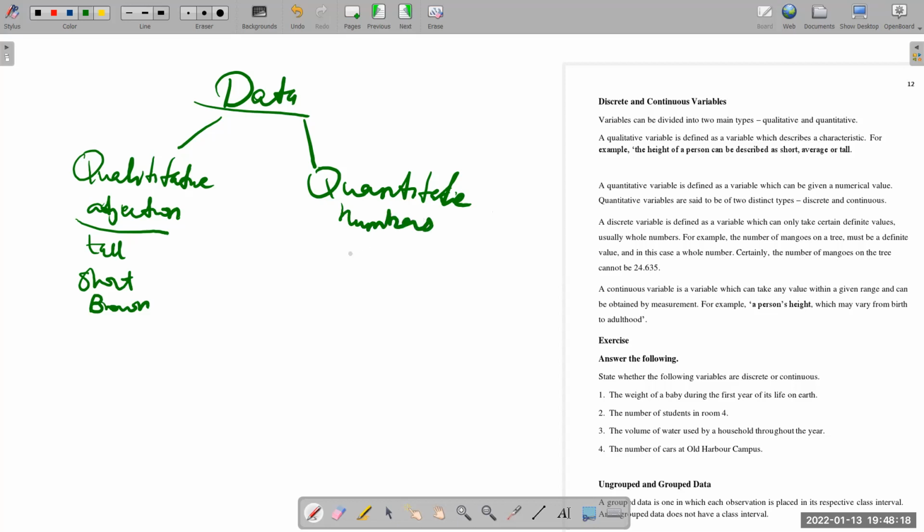Now, there are two types of quantitative data. One could be discrete, and one is continuous. What is the difference between discrete and continuous?